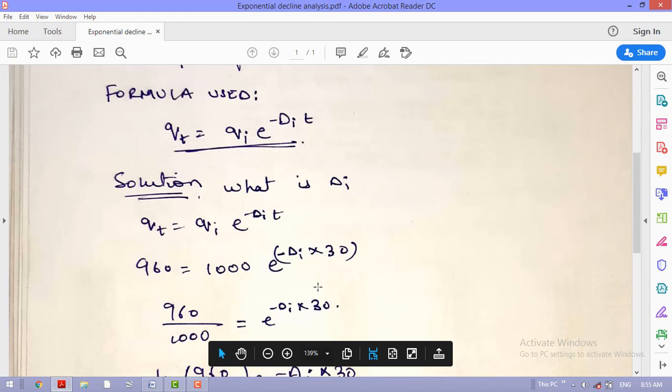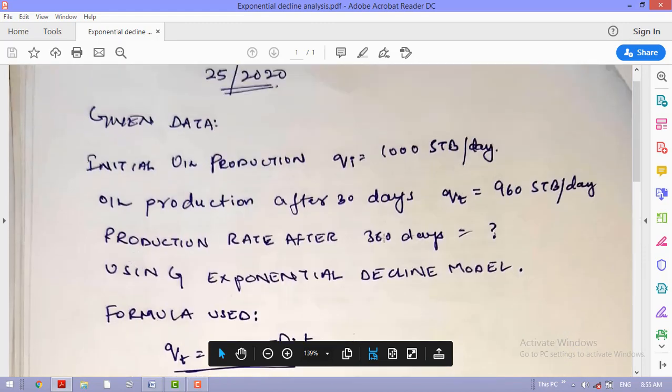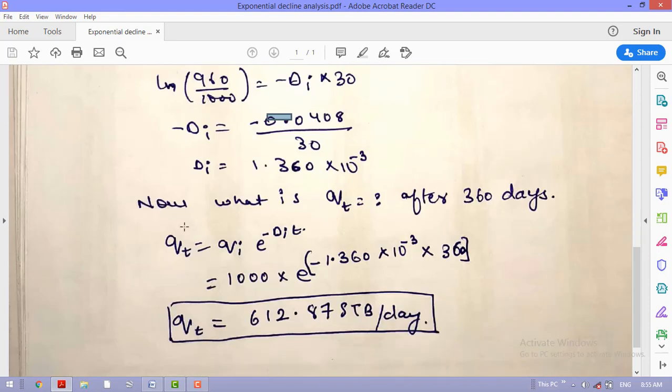Now we have to find the production rate after 360 days, right? So QT after 360 days, the formula will be the same, we just change the time period to 360 days, and QT we have to find.